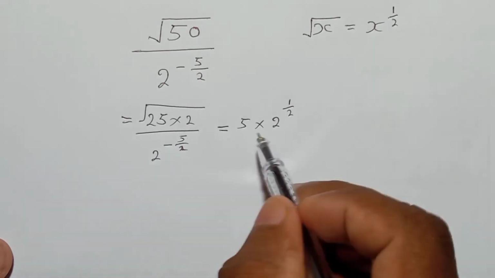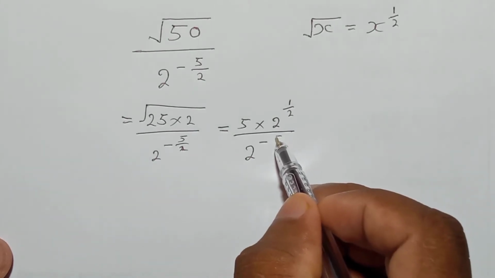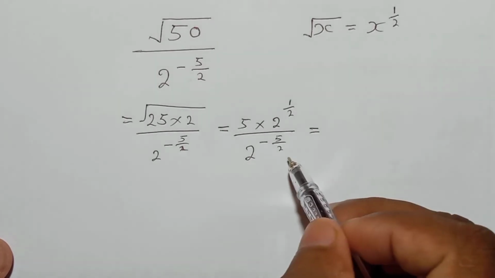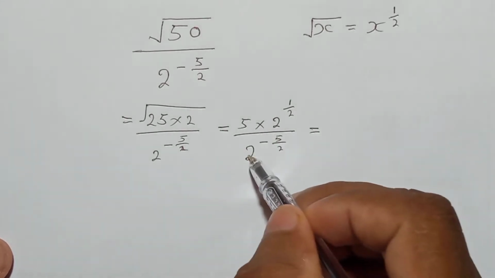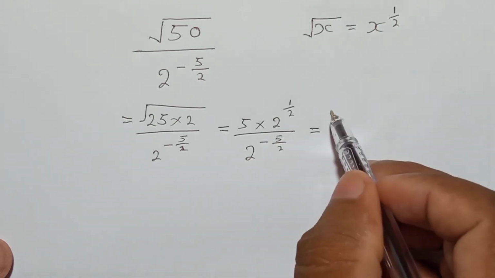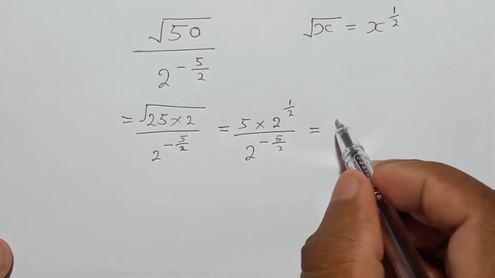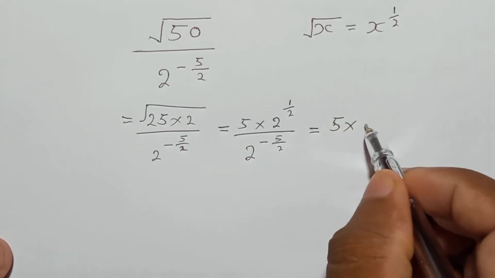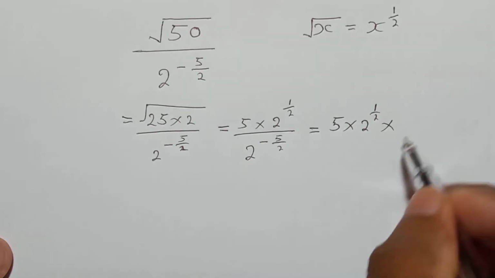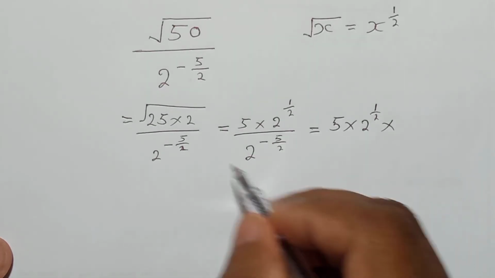Okay, not only that, now I will do the negative 5 over 2. Now what I can do, this part, 2 to the power negative 5 over 2, I can bring up. Here in the denominator, now I can bring it to the numerator: here 5 and here 2 to the power half, with multiplication.